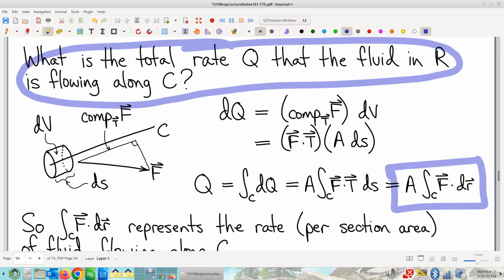Yeah. Okay, so there's a part of this answer that I'm going to say is kind of expected. And it's the part about the area.